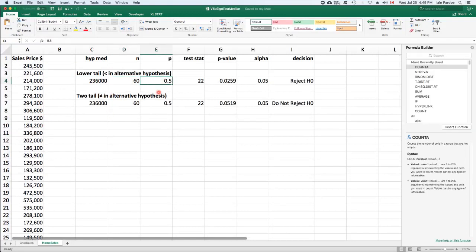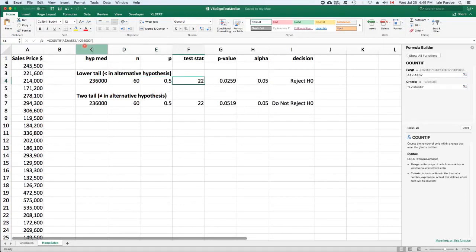Our hypothesized binomial probability is 0.5. And our test statistic counts the number of sale prices that are greater than 236,000. And there's 22 of those.